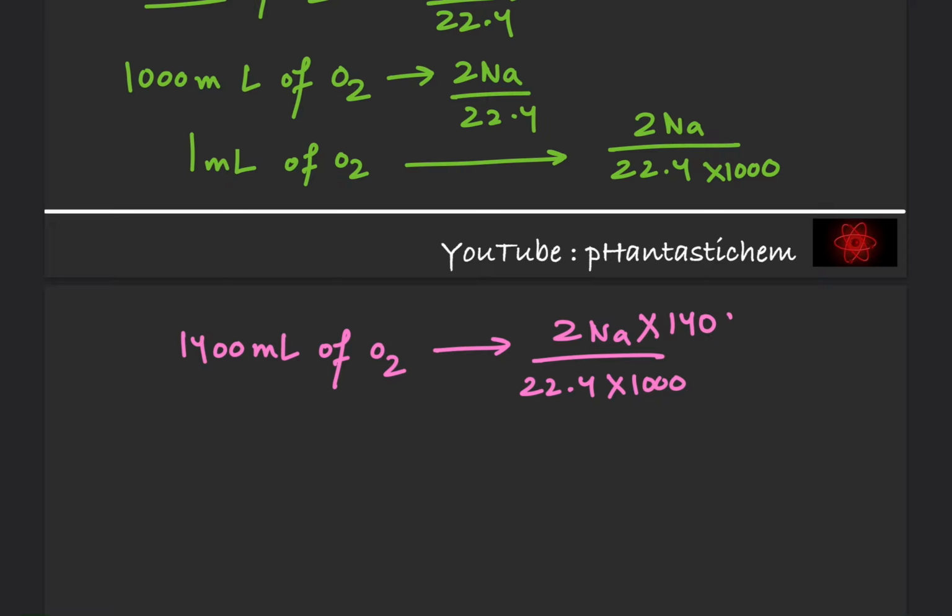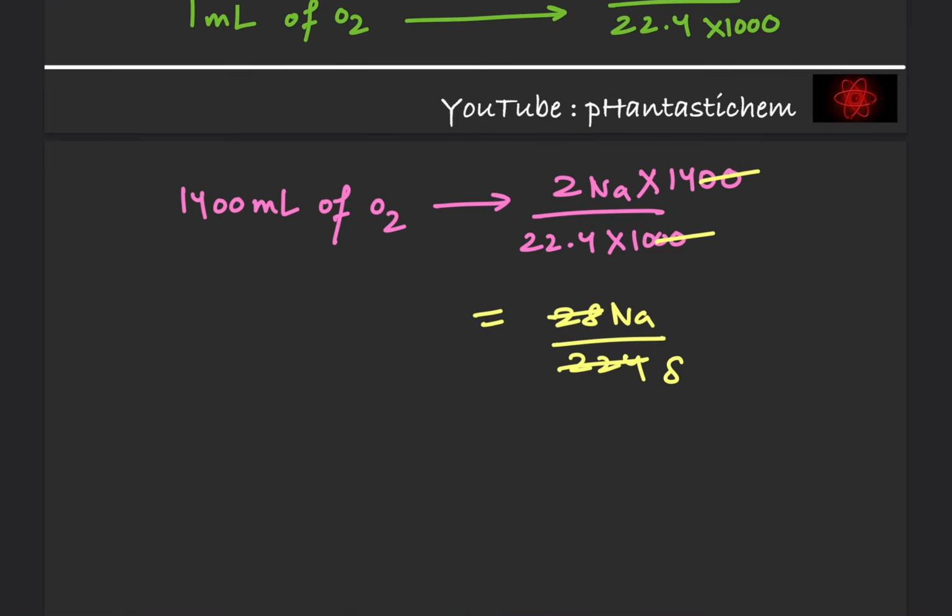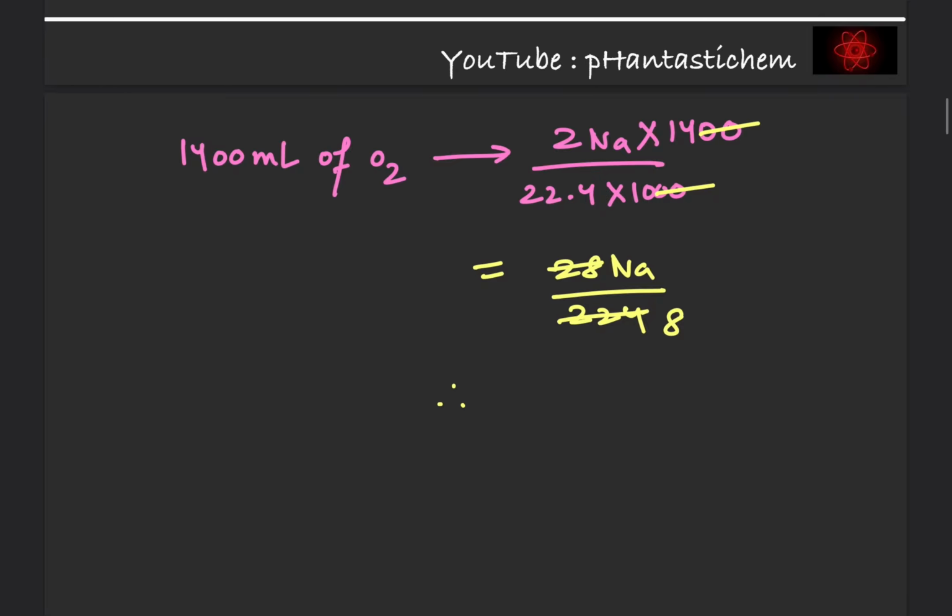Zeros cancel, and we are left with 28 Na divided by 224. 28 times 8 is 224, so we have Na by 8, or 0.125 Na atoms of oxygen present in 1400 ml of O2 at STP.